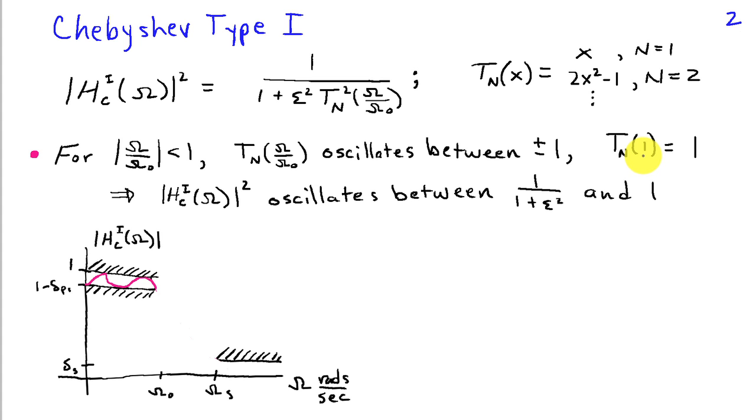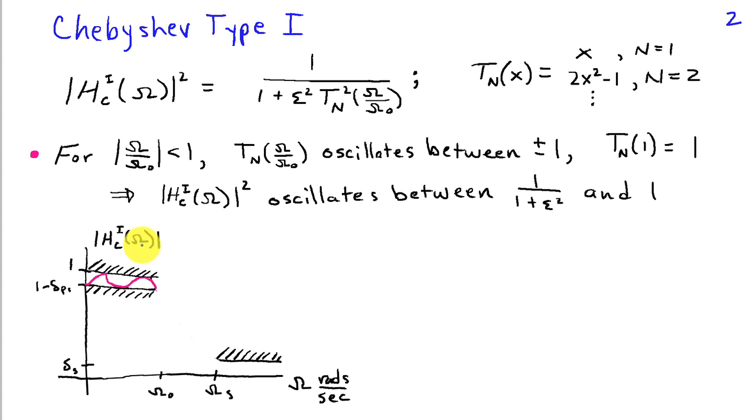So since this polynomial in the denominator is oscillating between plus and minus 1, then we know that the squaring of that is going to mean it oscillates between 0 and 1, and thus we know that the magnitude response squared oscillates between 1 over 1 plus epsilon squared, which happens whenever T_n is equal to plus or minus 1, and then 1 when T_n squared is equal to 0.